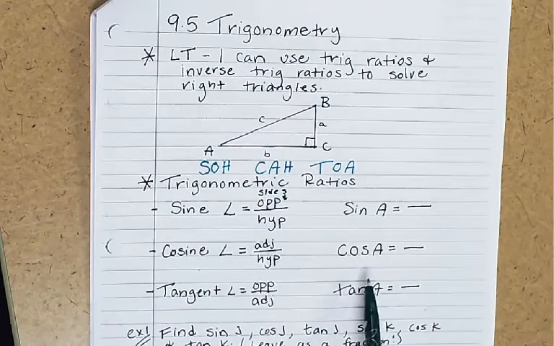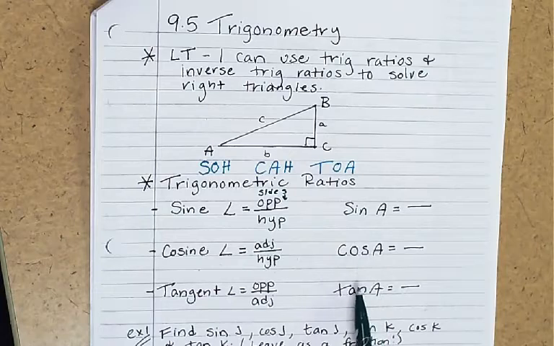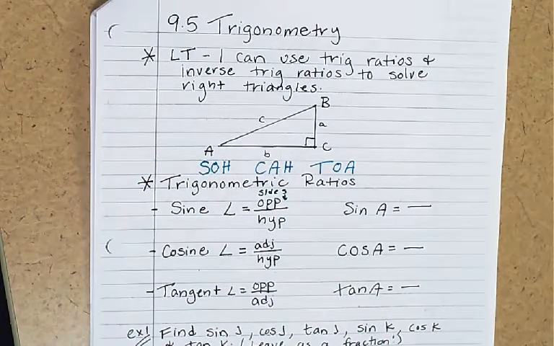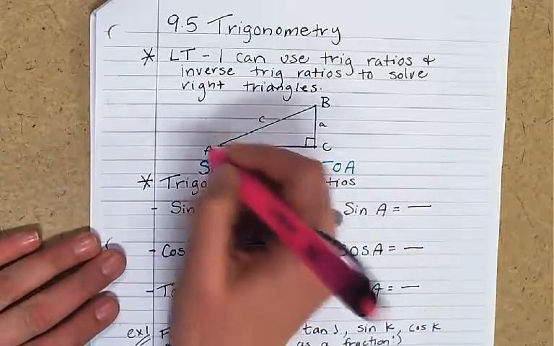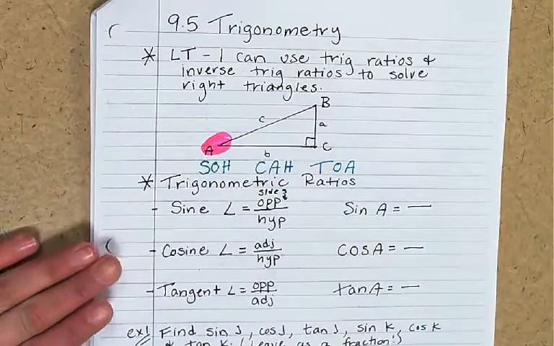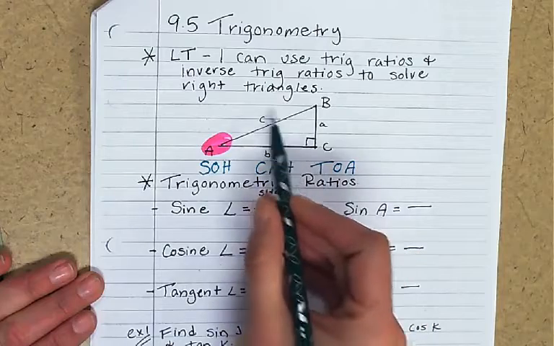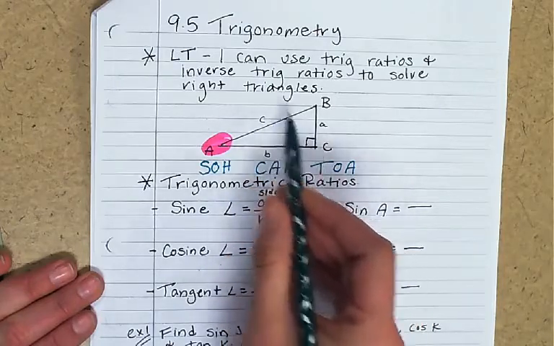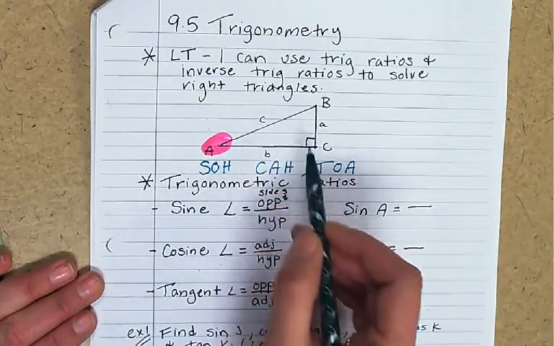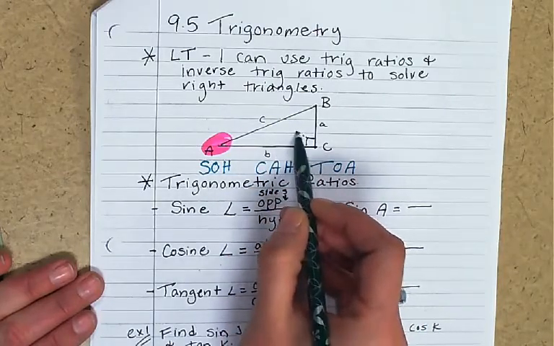So over here I wrote out, we're going to find the sine, cosine, and tangent of angle A. That's what we call our reference angle, because we're talking about angle A right there. The hypotenuse is always the side opposite the right angle. The right angle box kind of points at it.